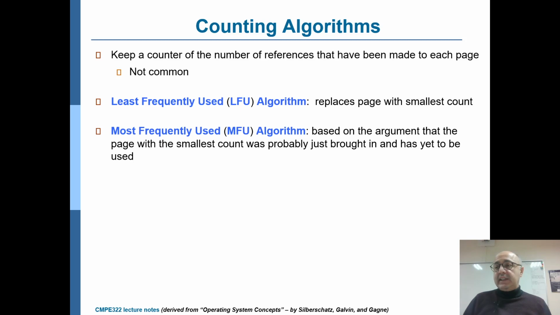The pages that have been accessed most frequently probably have been in the memory for a long time, so hopefully you're not going to use them anymore because they have been used a lot, hopefully, in the past. Of course, once again, these are assumptions, might hold or may not. But as I said, the counting algorithms are not frequently implemented.